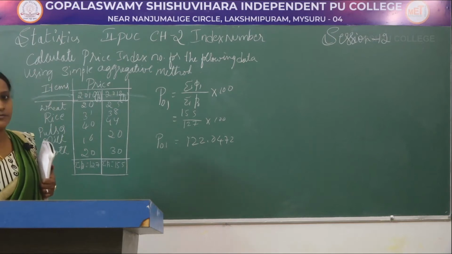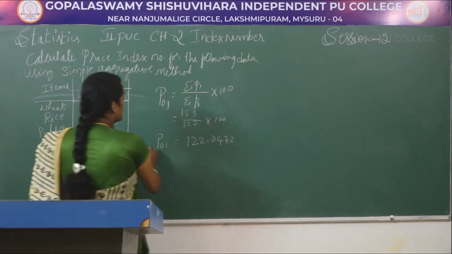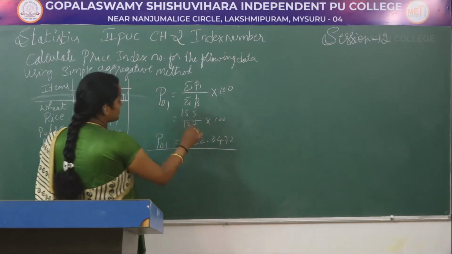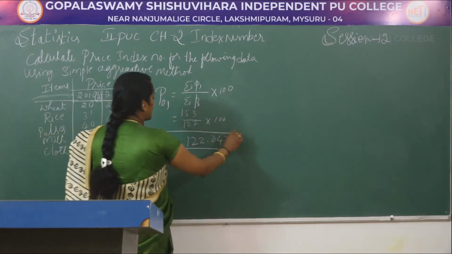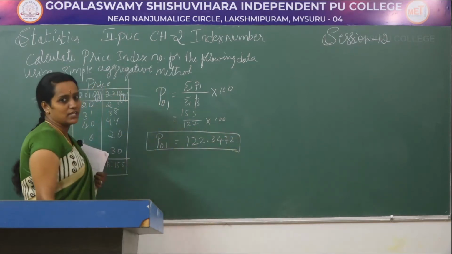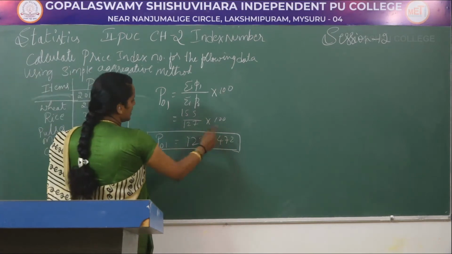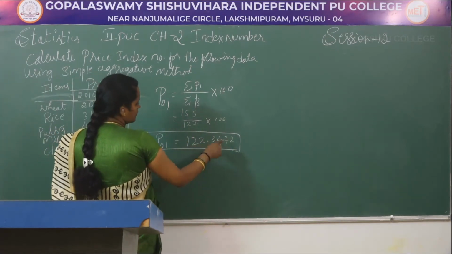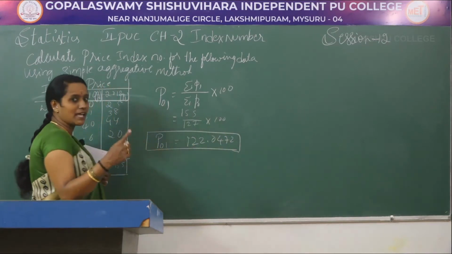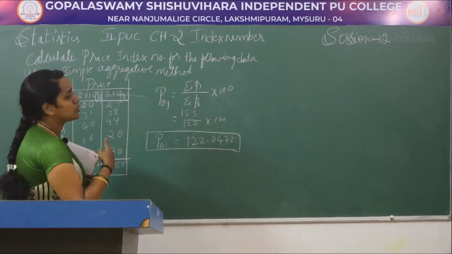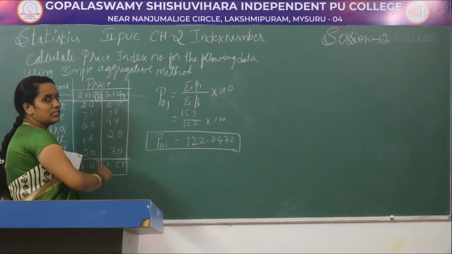For that we have to observe the final answer and compare it with 100, to see whether it is increasing or decreasing. By comparing this with 100, it is 22.04%, so the price is increased in 2012 compared to 2010.